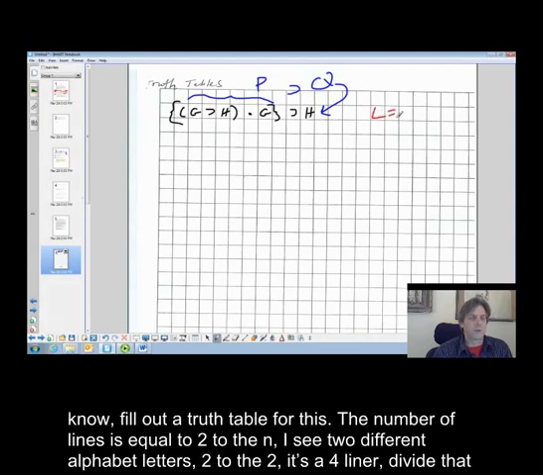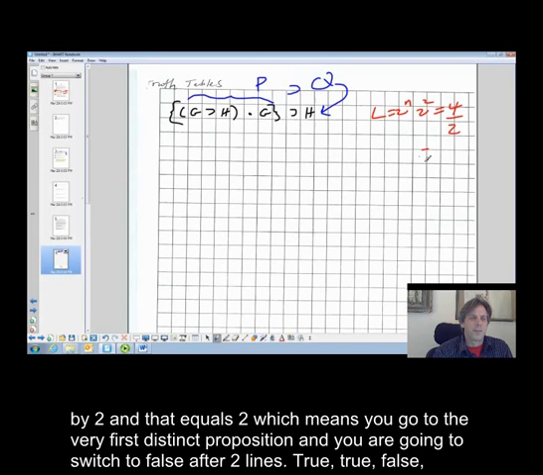So let's go ahead and fill out a truth table for this. The number of lines is equal to 2 to the n. I see two different alphabet letters, 2 to the 2. It's a 4-liner. Divide that by 2, and that equals 2, which means you go to the very first distinct proposition, and you are going to switch to false after 2 lines. True, true, false, false.